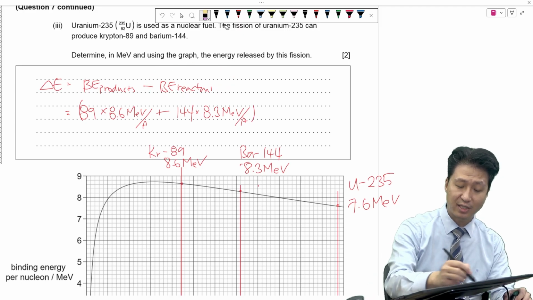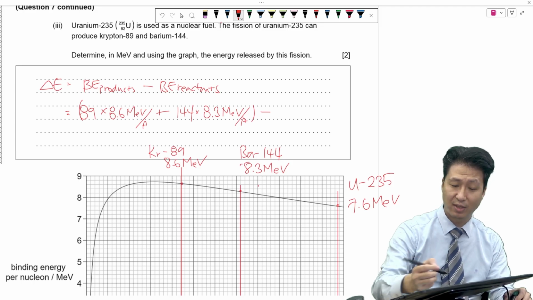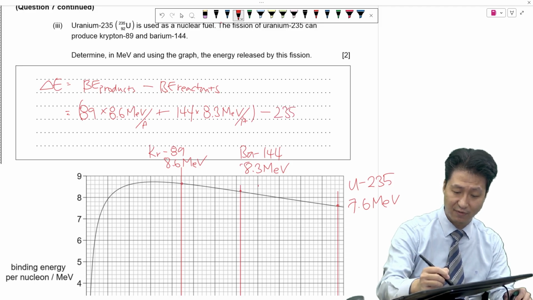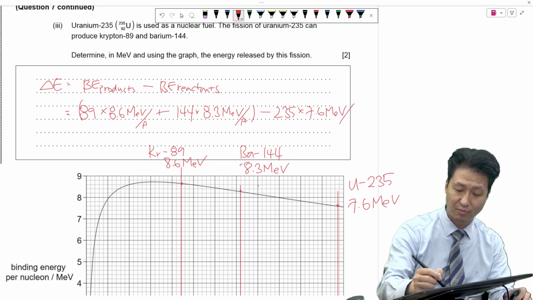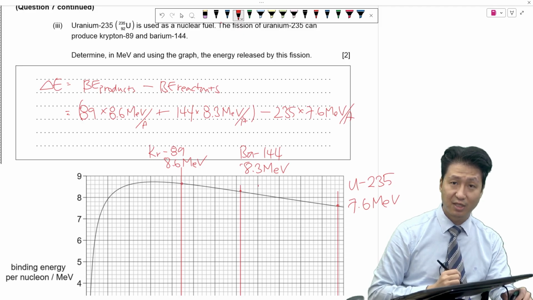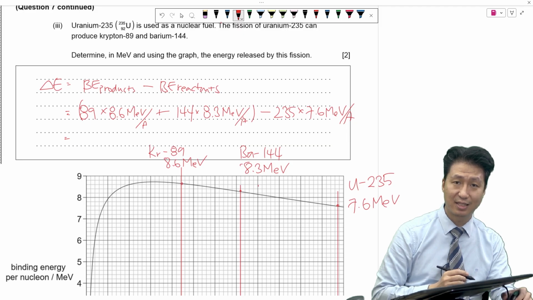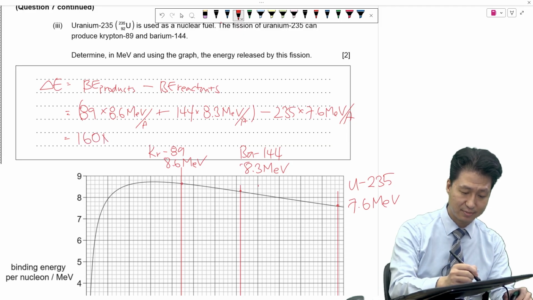Finally, we'll subtract the reactant binding energy, which is uranium-235, 235 nucleons times 7.6 megaelectron volts per nucleon. Using these values, you would get approximately 160 megaelectron volts.